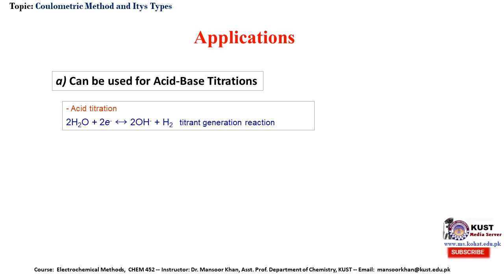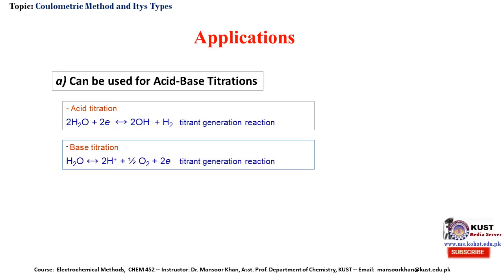The titrant and the titrate are one acid and the other a base, and the reaction between them is a neutralization one. So this is the acid titration, in which H2 production will lead to the formation of OH, titrant generation, while this one is the base titration, in which hydrogen ion production will take place.